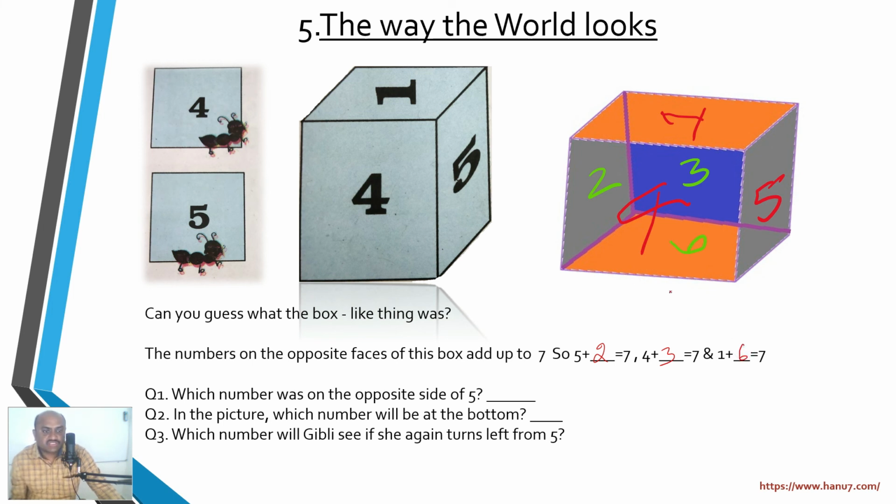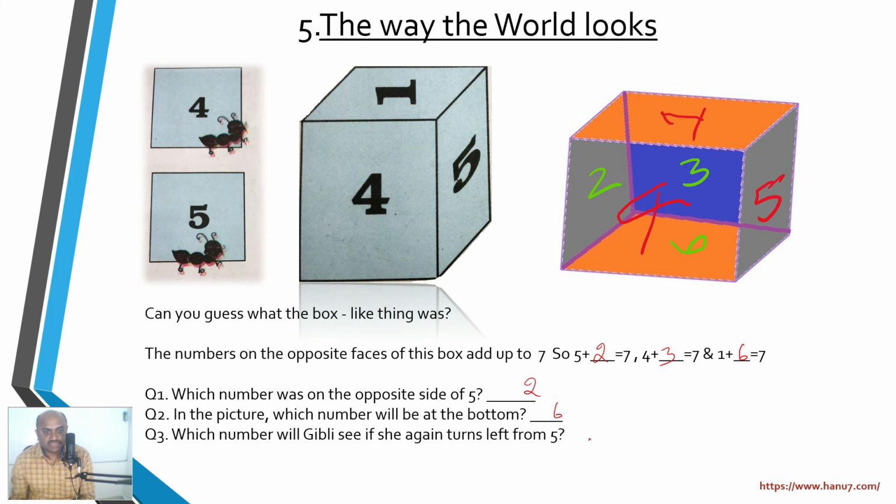Based on this, we can answer some questions. What is on the opposite side of 5? Opposite side of 5 is 2. In the picture, which number will be at the bottom? It is 6.